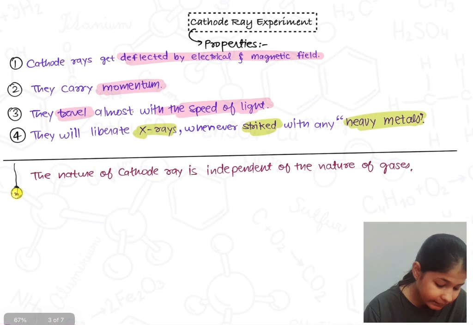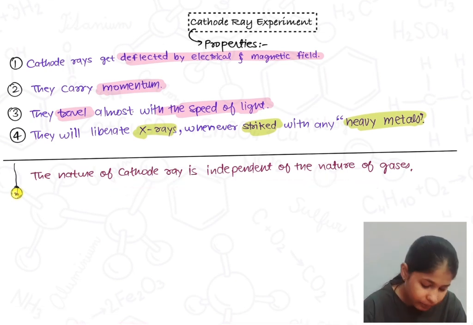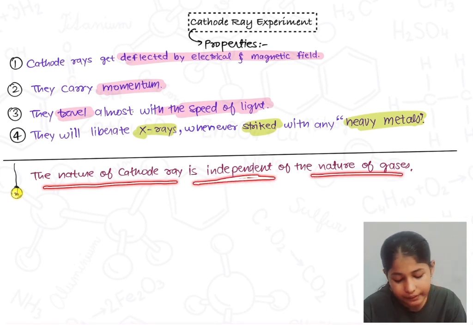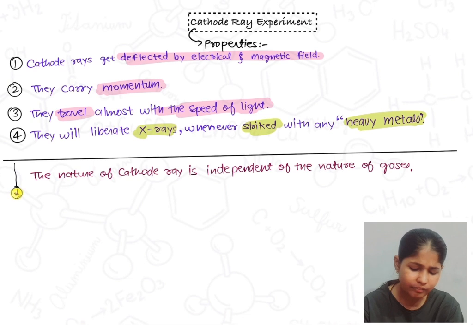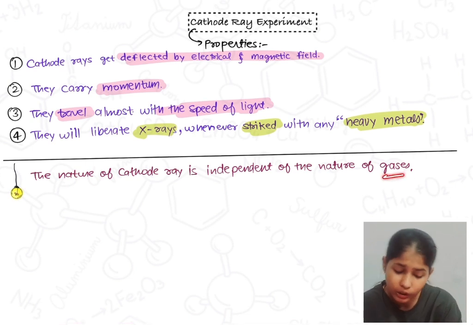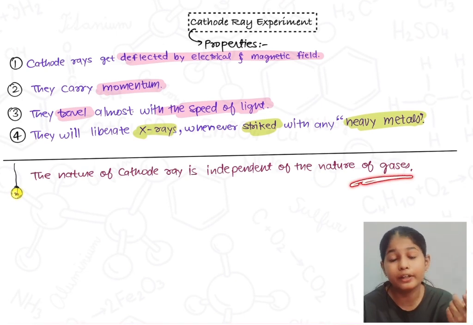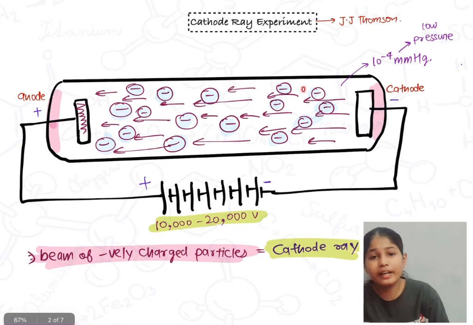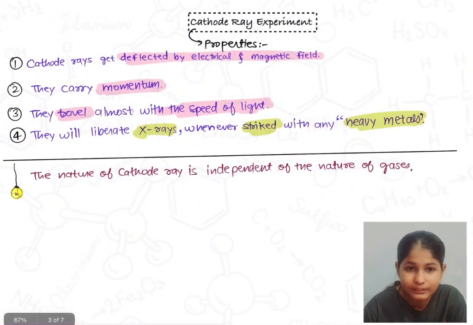What does it want to convey? It is telling that the nature of cathode rays is independent of the nature of gases present inside this hollow tube.